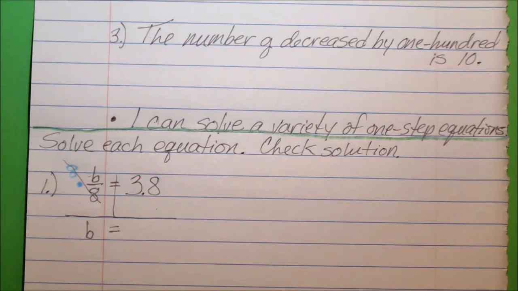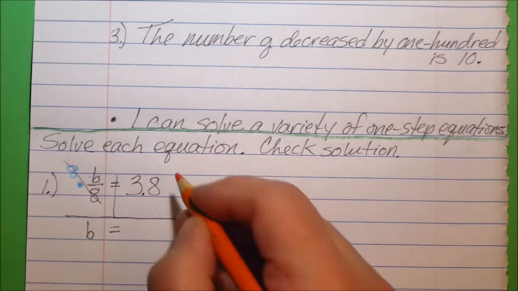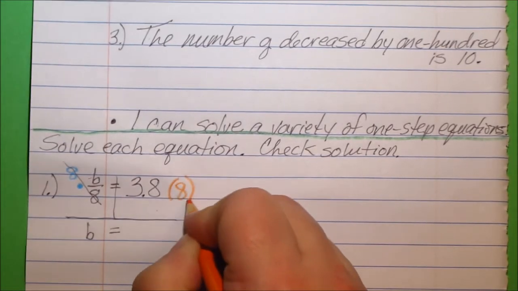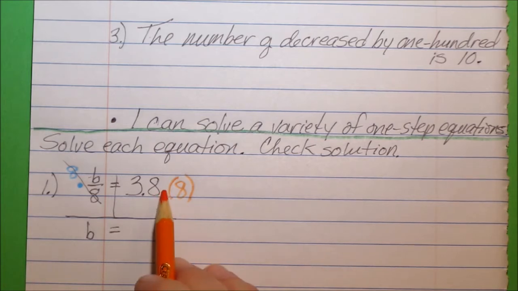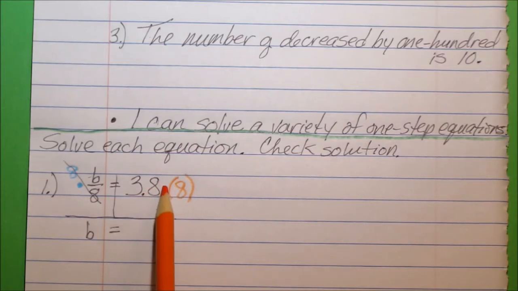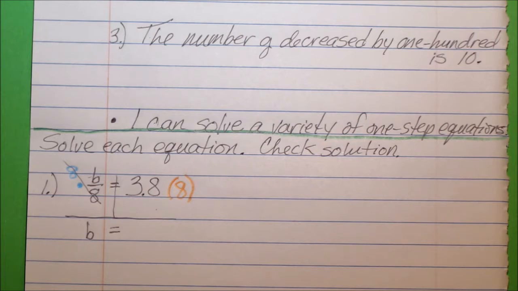Okay, but what we do to one side, we also have to do to the other. So I have to multiply this side by 8 as well. And I'm going to put it in parentheses rather than putting a dot here, just because this is a decimal number, and it can get confusing looking when you have a dot here and a dot there. If you don't put them low enough or high enough, you can mistake the decimals for multiplication symbols.